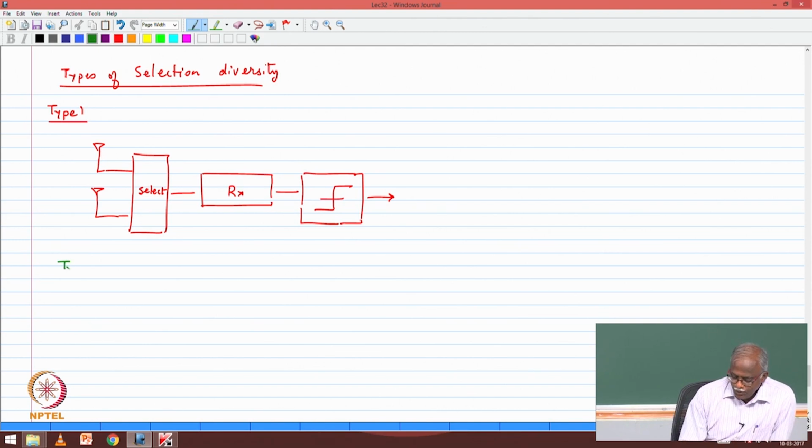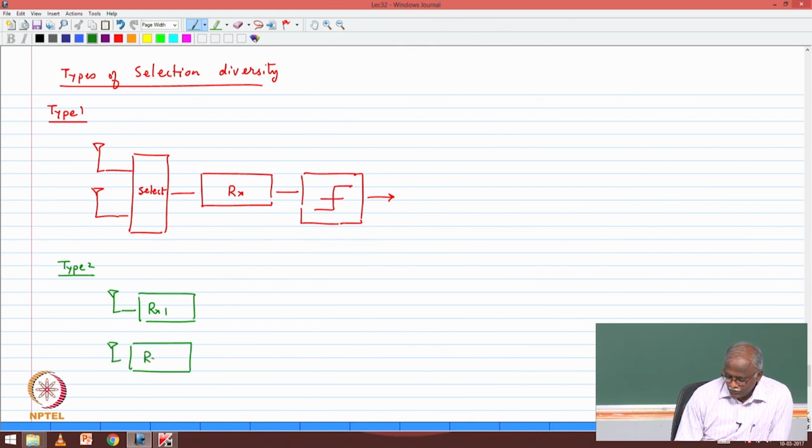There is a type 2 where I take antenna 1, antenna 2, I pass this through Rx1, pass this through Rx2. That is, I'm not yet trying to decide which of them is the better signal. But having demodulated the signals, then I decide, okay, select which one you want.